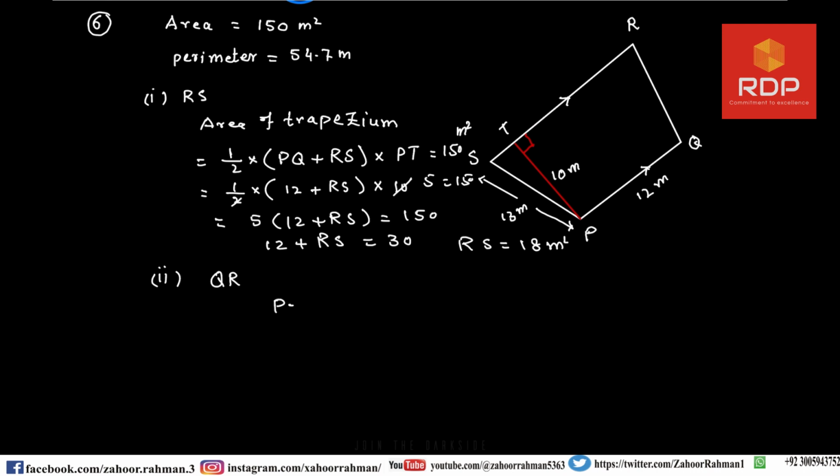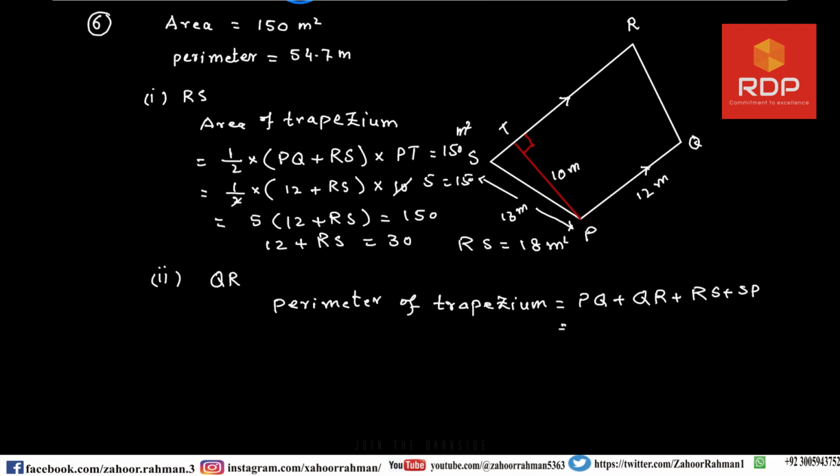So we are writing perimeter of trapezium is equal to, first of all we have to write the dimensions, and that is PQ, the external line, plus QR, that is what we have to find, plus RS plus SP.